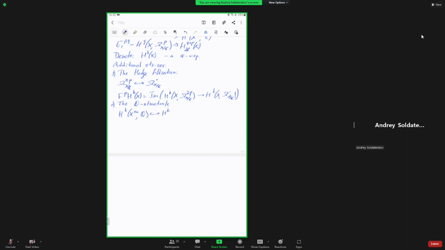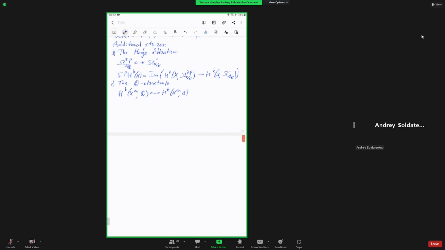This complex vector space is a complexification of the rational cohomology. So these two things build up the Hodge structure, and we have the Hodge decomposition.